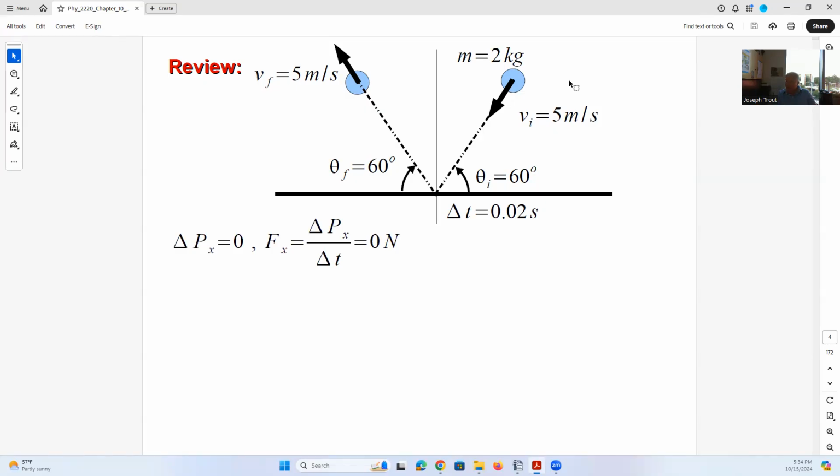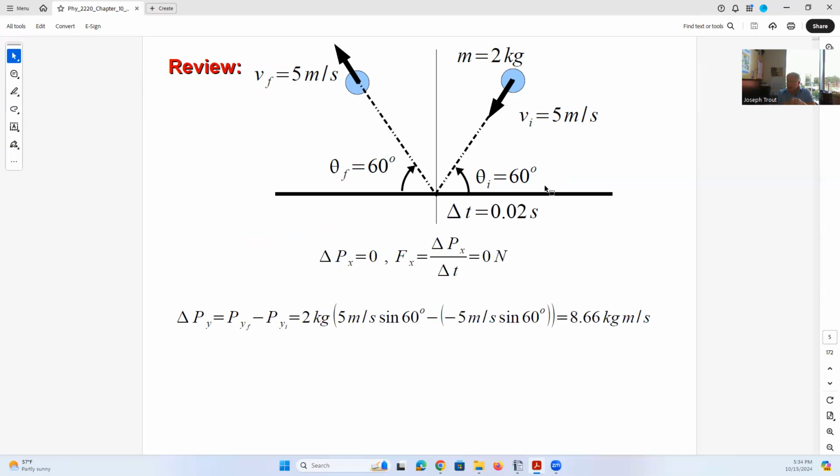If we look at the change in momentum in the x direction, the mass doesn't change and the x component of the velocity doesn't change. So the change in momentum is 0 in the x direction, and therefore the force is equal to 0 in the x direction.